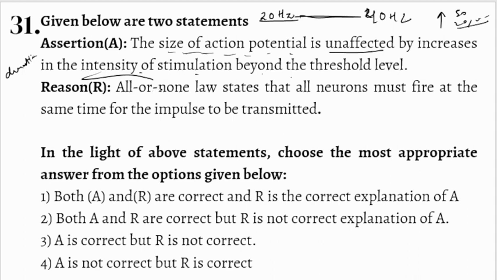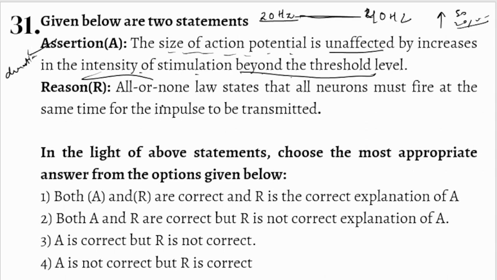For example, if you are getting my voice at a certain level, it would not get affected. The action potential would take the same time even if I start speaking slowly or start speaking more loudly. But it should just be beyond the threshold level. So A is correct.